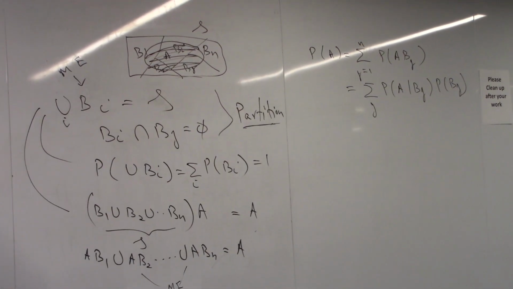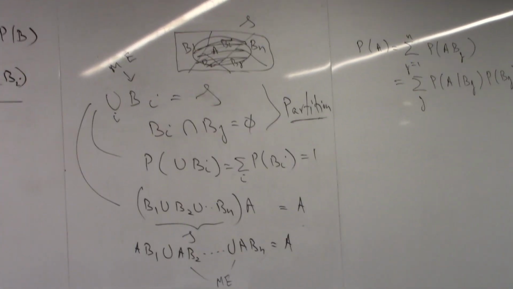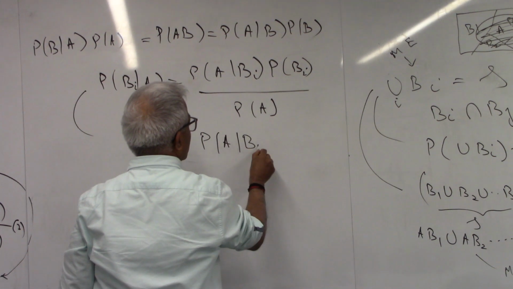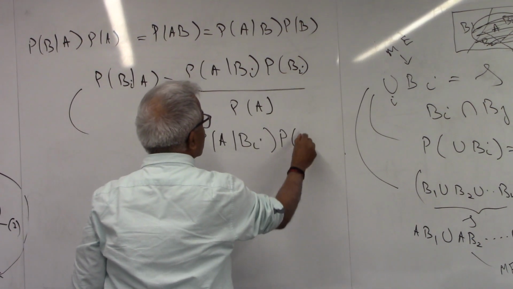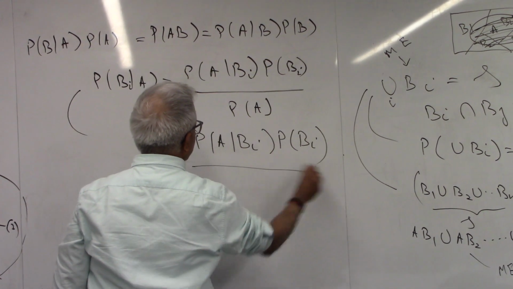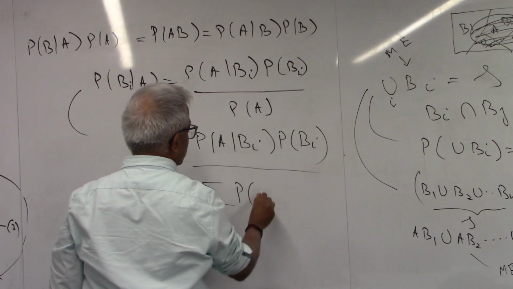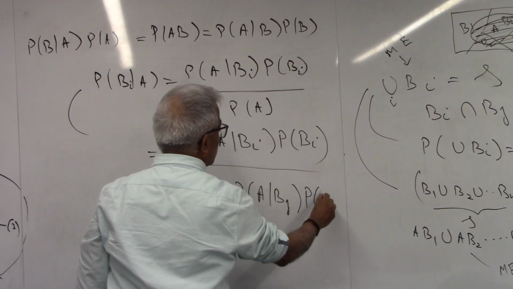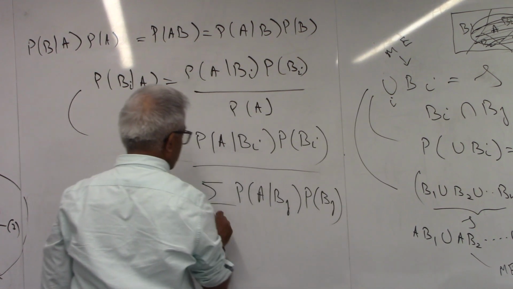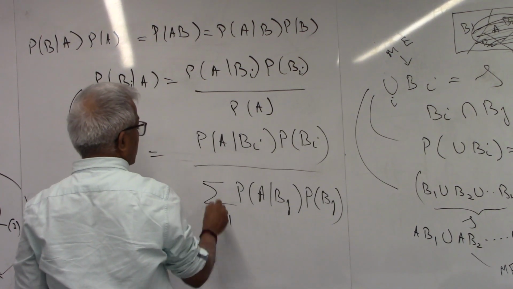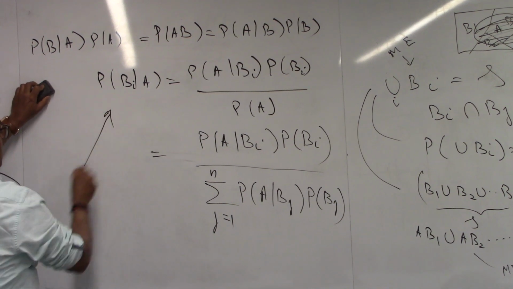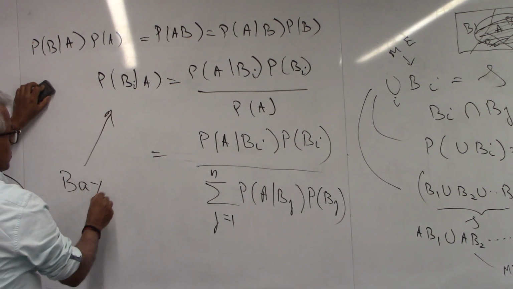This is another way to write it. The numerator, of course, stays the same, divided by the summation of the probability of A given Bj multiplied by the probability of Bj. Both are Bayes versions, depending on the problem. I'm just going to call this result Bayes' theorem.